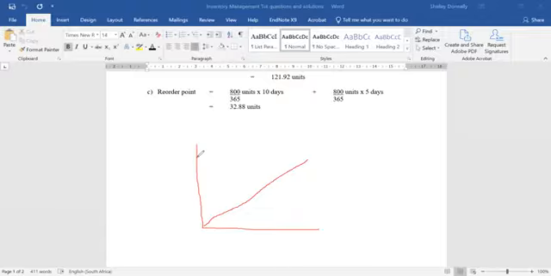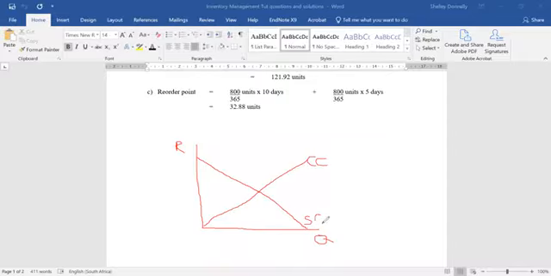There are other costs, though, that decrease as you increase your ordering quantity. So this is order quantity here, and this is costs in rands. And the total of these two costs, I'm going to call these your carrying costs or your holding costs, and these are your shortage costs.